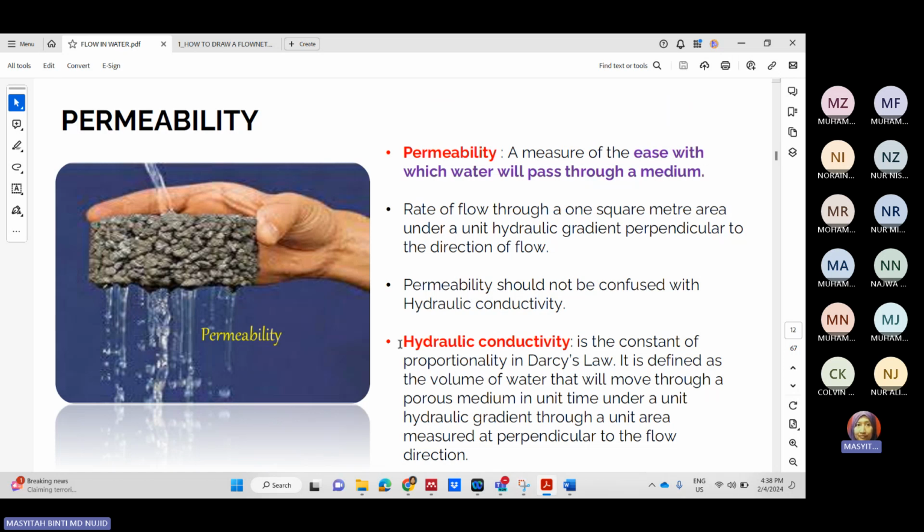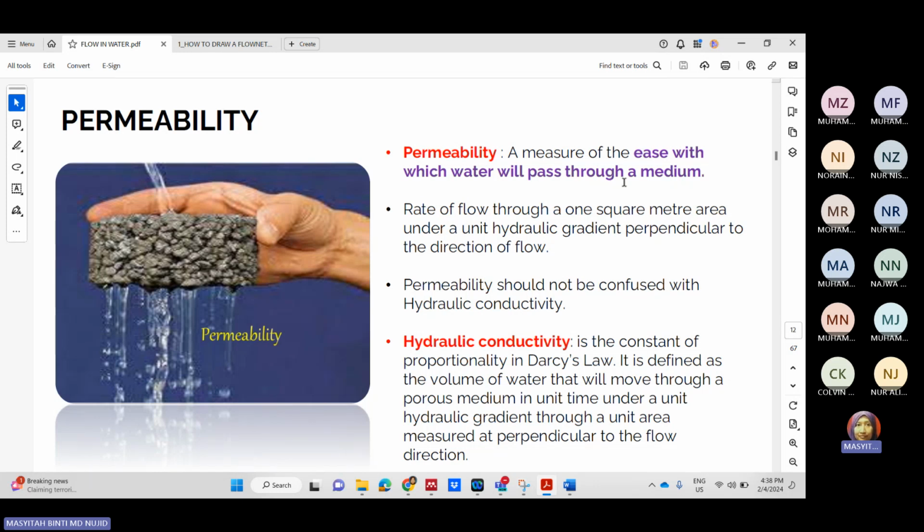Okay, this is the important thing untuk soil mechanics iaitu permeability. Darcy law, Bernoulli itu adalah konsep yang kita embed dalam permeability yang mana dia terkait, kita panggil dia sebagai hydraulic conductivity K. So the permeability is a measure of the ease with which water will pass through a medium.